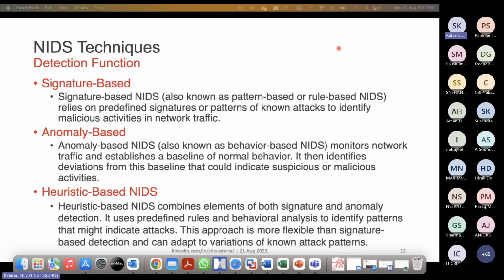There are different techniques on which these IDSs basically work. I mentioned two of them, signature-based and anomaly-based, but there is another one which is behavior-based or heuristic-based. Signature-based IDSs have some rules configured already, depending on the provider of the IDS.